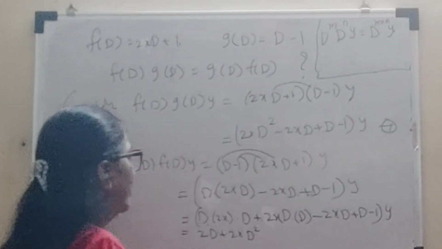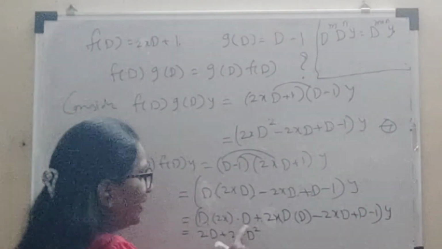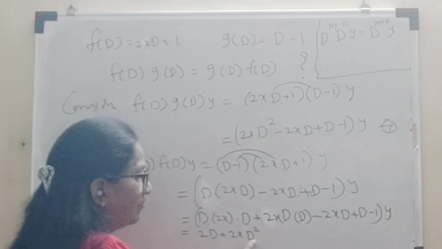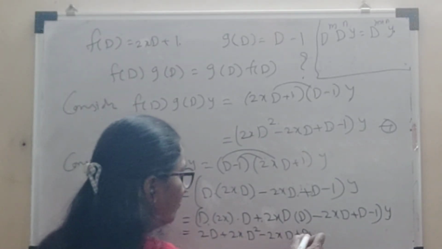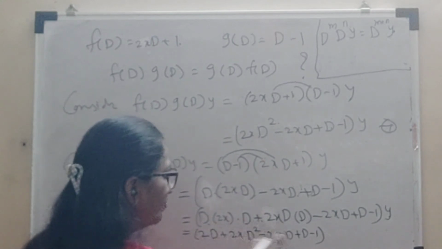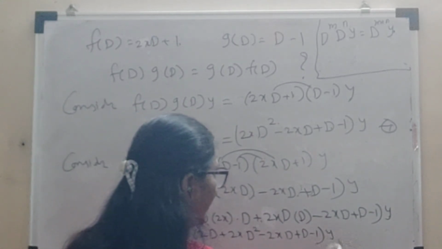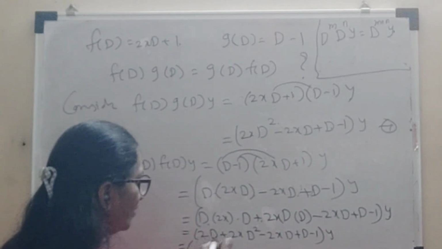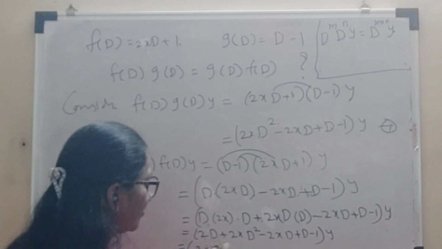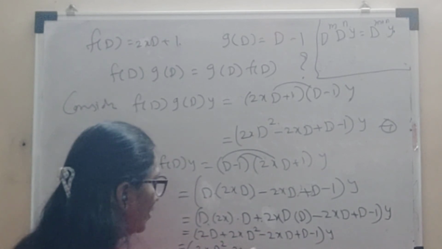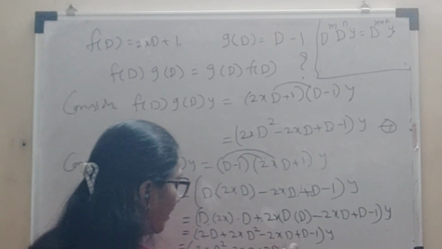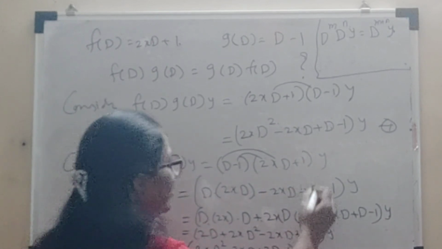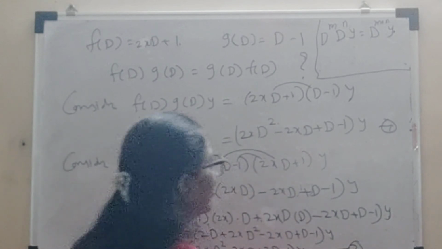So using that, D operates on D is nothing but D squared, minus 2xD plus D minus 1, and whole this bracket operates on y. So that is nothing but 2xD squared minus 2xD, 2D plus D is plus 3D, minus 1 operates on y. Call this equation number 2.